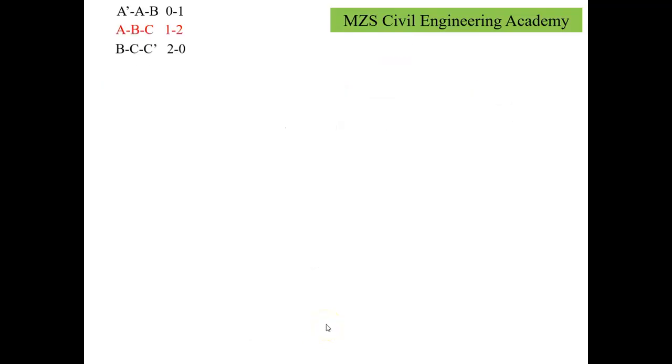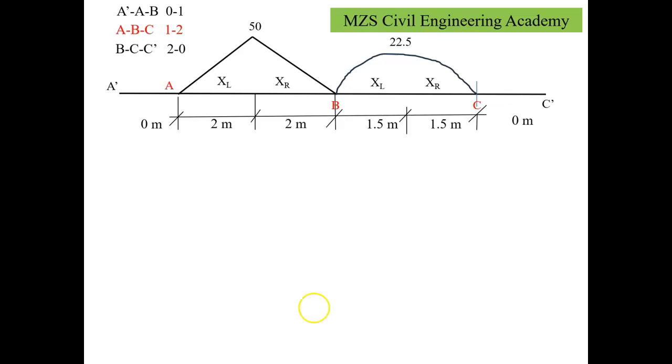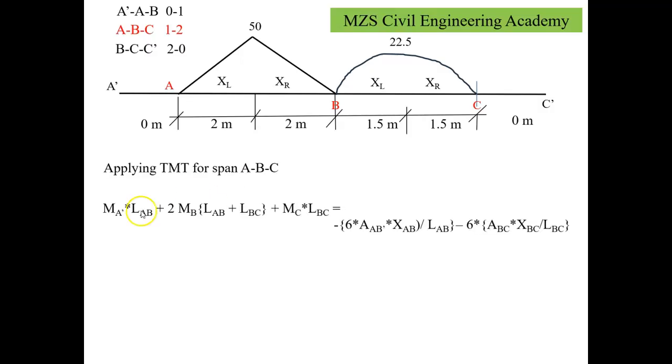Now we'll move to the second consideration, A, B and C, and we'll apply the three moment theorem for this particular case. So here we get MA into LAB plus 2MB into (LAB plus LBC) plus MC into LBC, equals minus 6 times the area AB into XAB divided by LAB, minus 6 times the area BC into XBC divided by LBC.